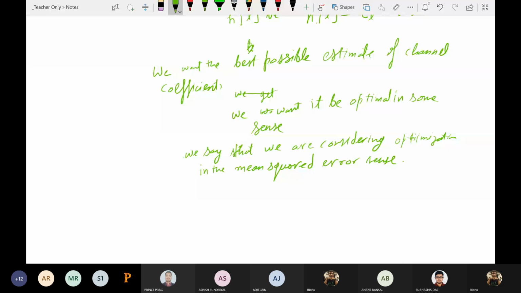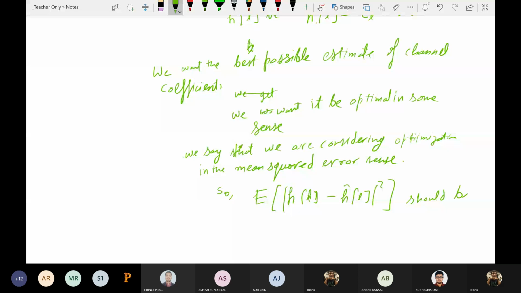So the expectation of HL minus its estimate, squared, should be minimized.